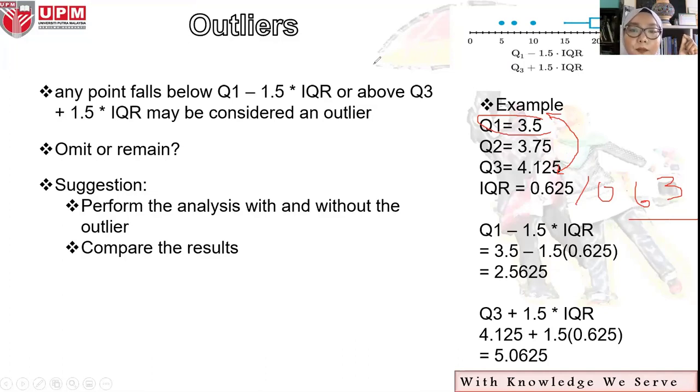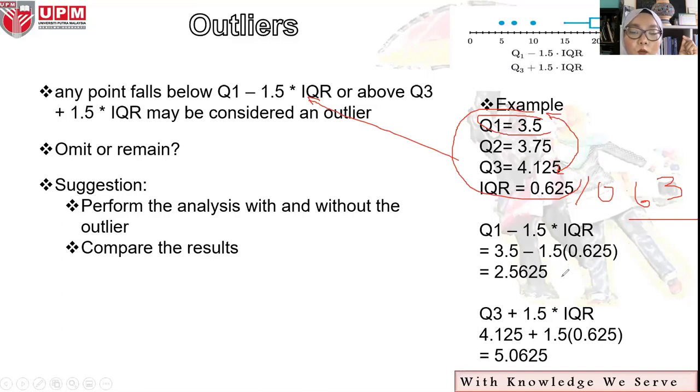Next, you just plug the information into the equation. Q1 minus 1.5 times the interquartile range: Q1 3.5 minus 1.5 times 0.625.